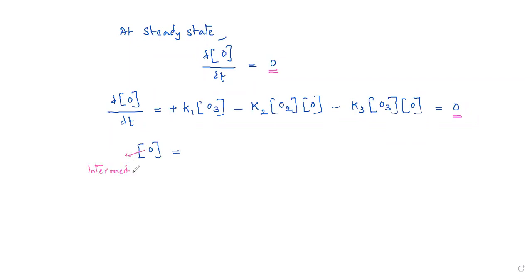Concentration of the intermediate is written considering the steady state. That's what we are doing. Okay. So it can be written as K1 into O3 by the remaining two, K2 into O2 plus K3 into O3. Right?